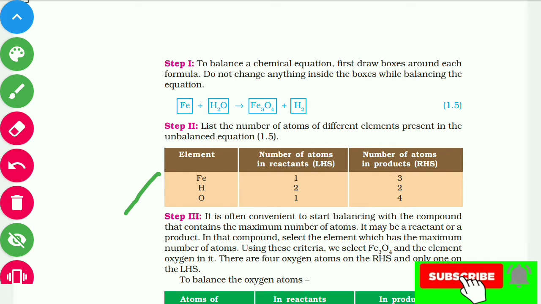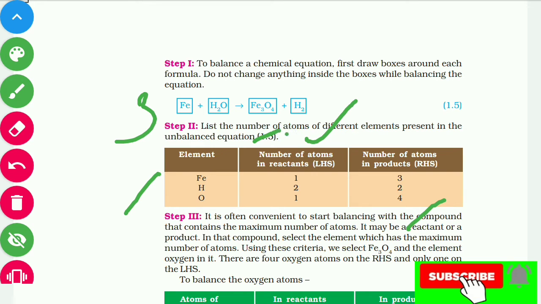Oxygen on the LHS is 1, and oxygen on the RHS is 4. First, balance the element which is separate on the product side. For example, hydrogen is separate, so balance what is combined. For example, Fe3 is 3 on the right, so balance it, then balance oxygen.